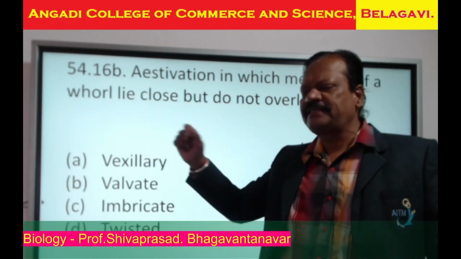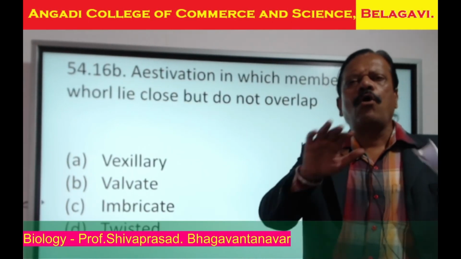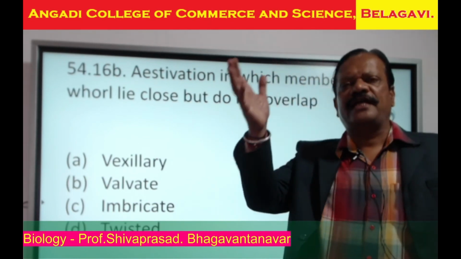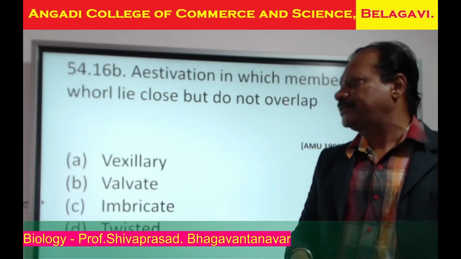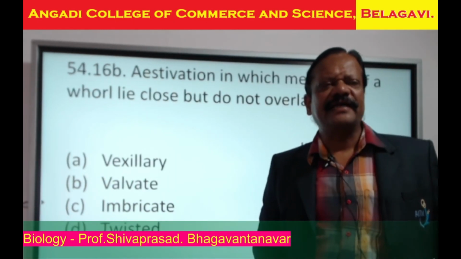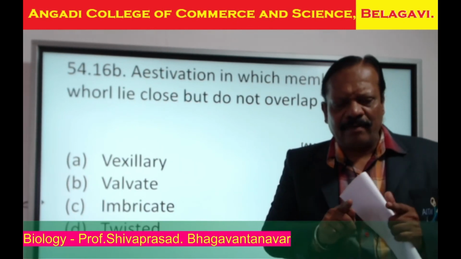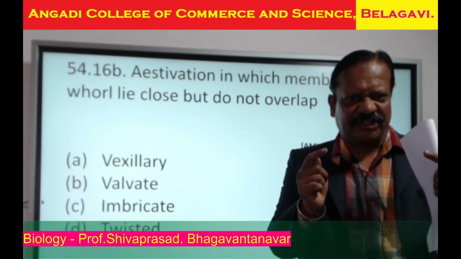Now, vexillary. In this, overlapping is seen. One will be totally outside, one will be totally inside. Valvate: in valvate, all floral parts are side by side, not overlapping each other.